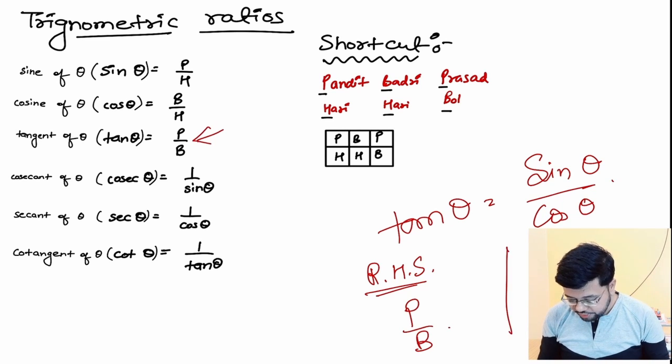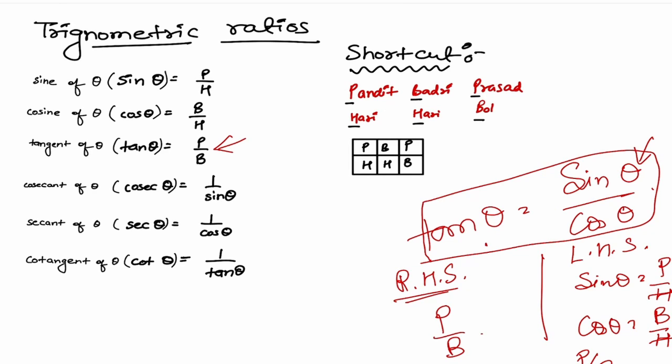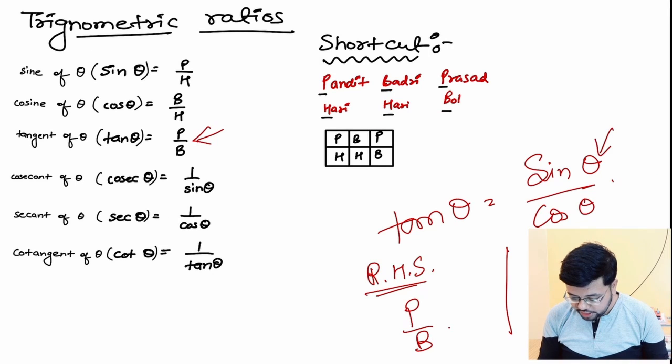Now if we see the right hand side of this equation, it is a ratio between sine and cos. We know sine theta equals p by h and cos theta equals b by h. If we put these values in the equation, the h and h will cancel and the result will be p by b only, which will be equal to the left hand side.